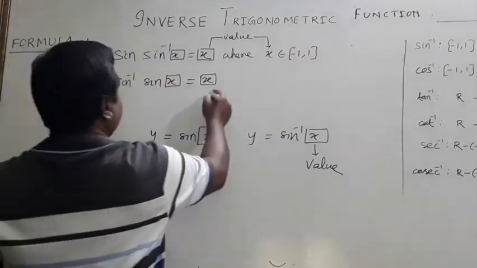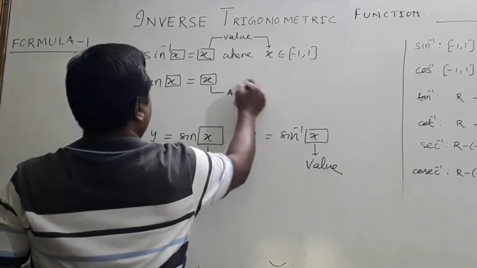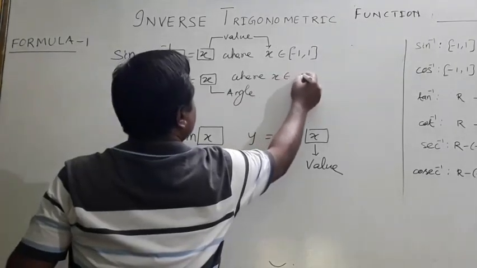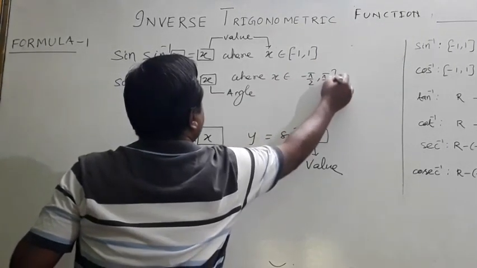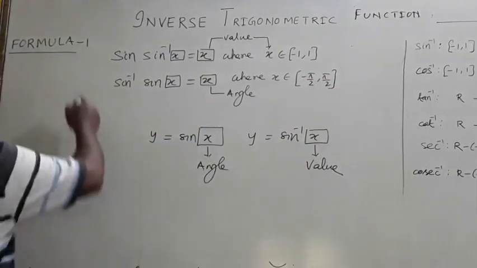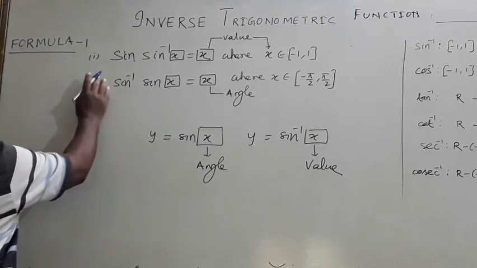And this is the angle, where this angle belongs to minus pi by 2 to pi by 2. Similarly, this is first, second, this is first.